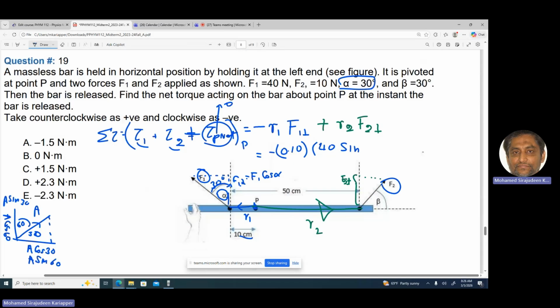Okay, so because the angle that is given to us is not the angle with the vector r, not parallel to r, but perpendicular to the r direction, therefore the perpendicular component will be f1 cosine alpha.